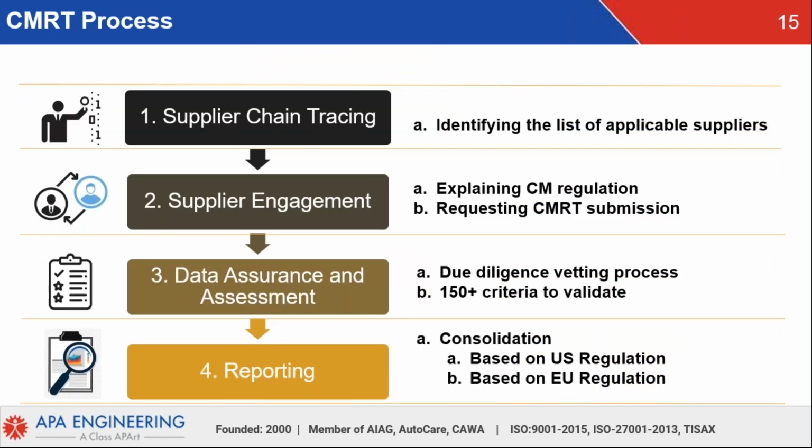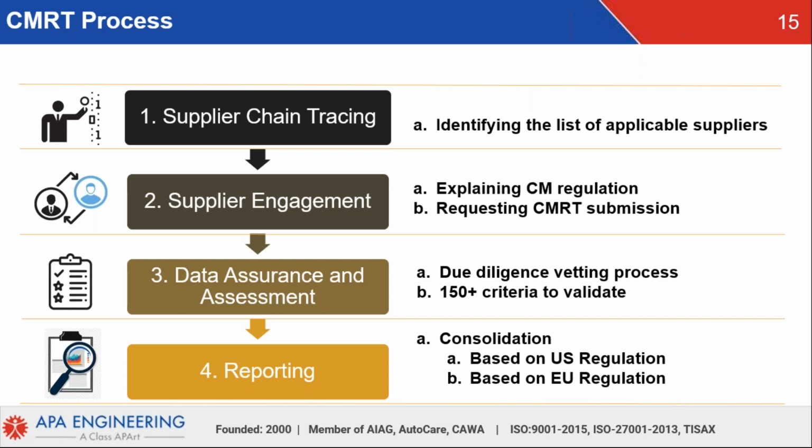While the due diligence as per the OECD is an elaborate process, we try to compile it into 4 different steps. Step 1, the supply chain tracing. The company has to identify the list of products and the respective suppliers from where you suspect the 3TG may be present.